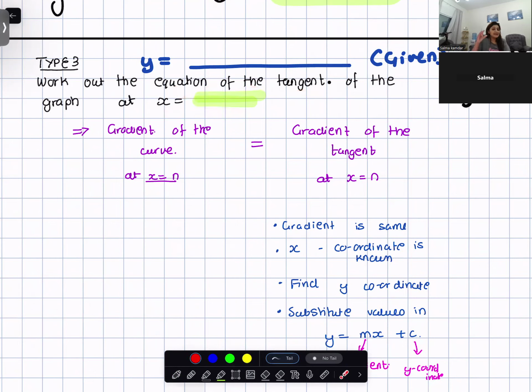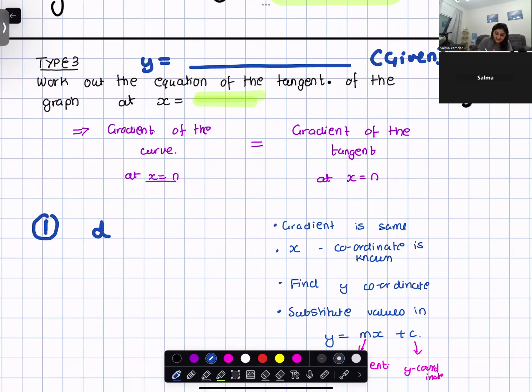You know that the gradient of the curve at a point is equal to the gradient of the tangent at that same point. So the first thing you would do is find the gradient of the curve. And how do you find the gradient of the curve?